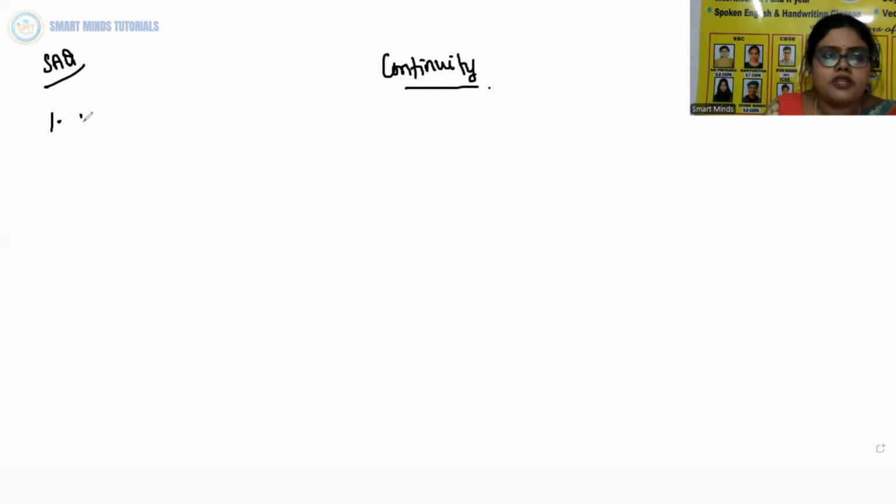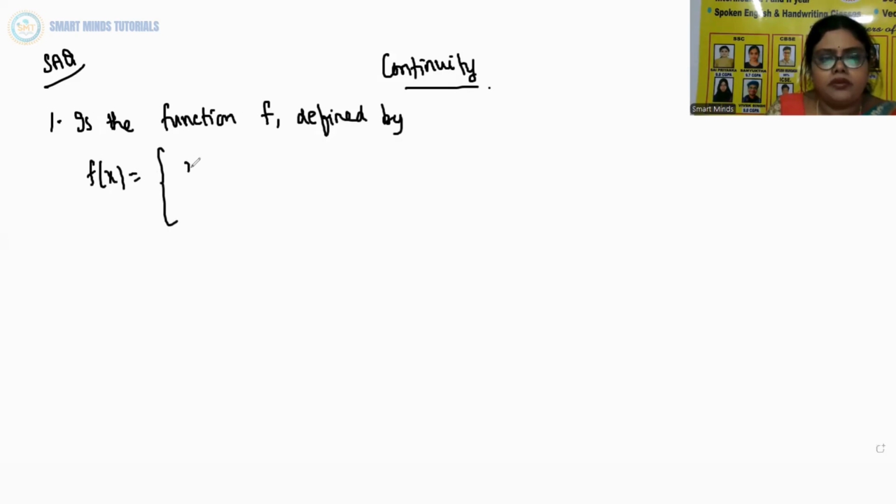So the first question: is the function f defined by f of x is equal to x square if x is less than or equal to 1 and x if x is greater than 1, continuous on R?